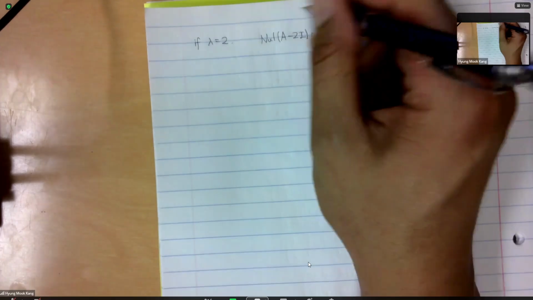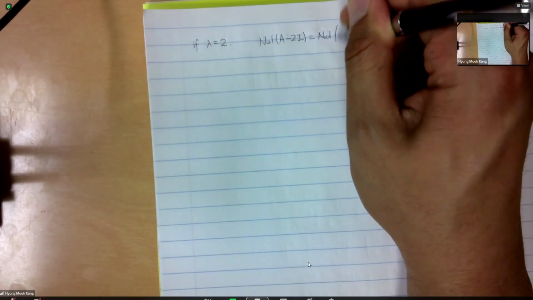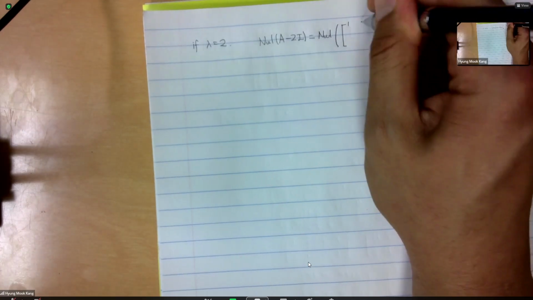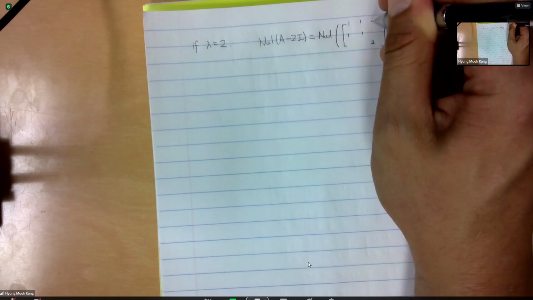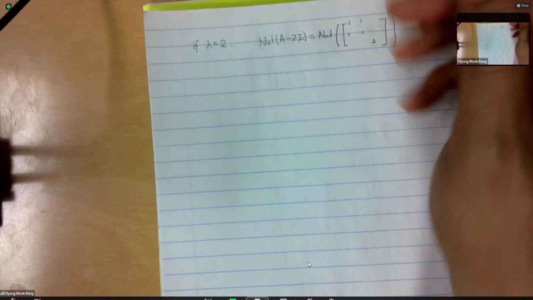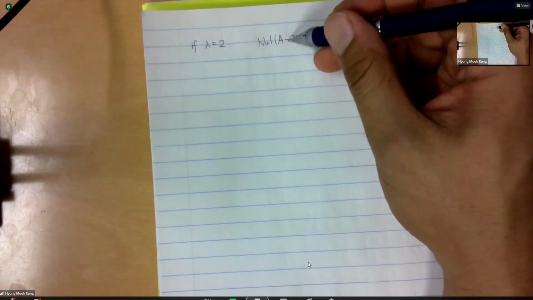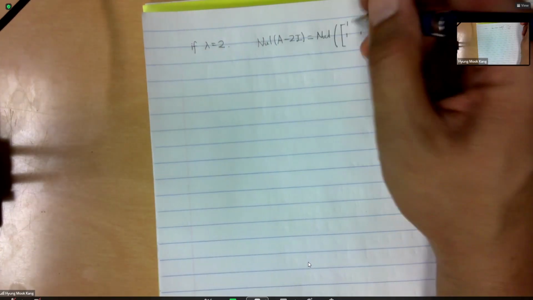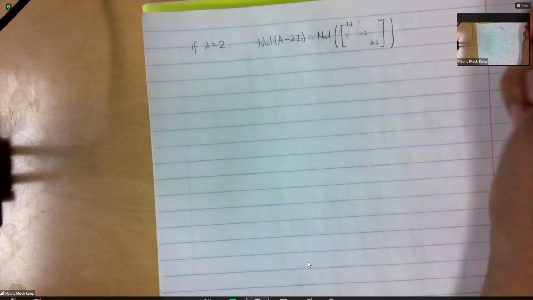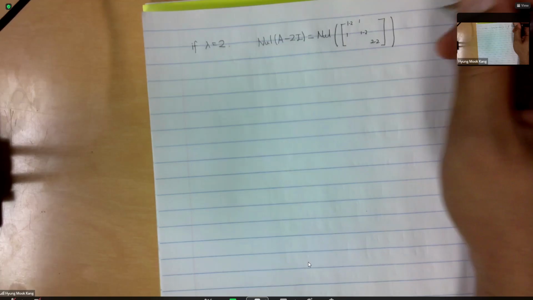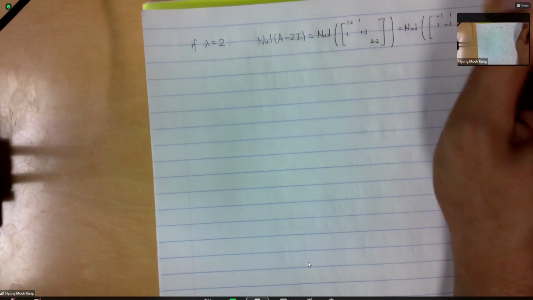It was like 1, 1, 1, 1, and 2. So it's a null space. This is the convention that if I omit entries, then those are all zeros. It's just trivial. And we subtract 2I, so we subtract 2 on the main diagonal entries. So this becomes the null space of negative 1, 1, 1, negative 1. This goes away.